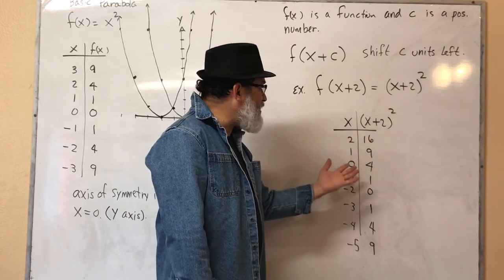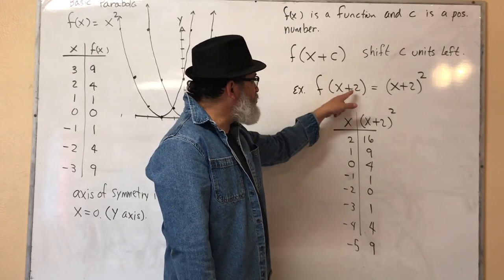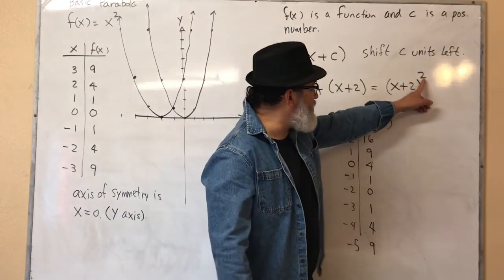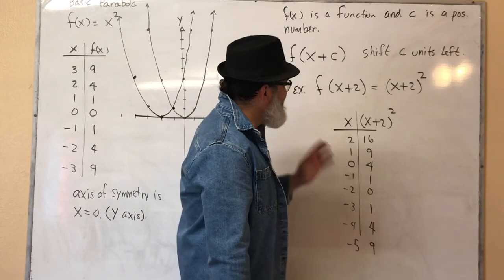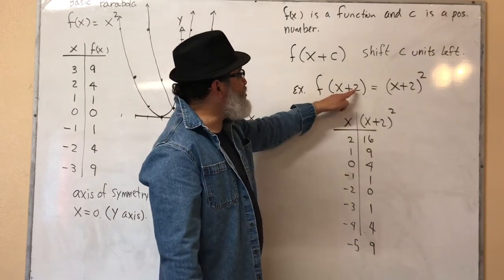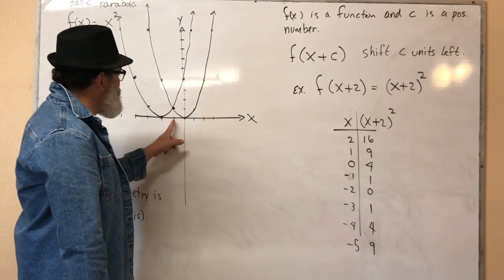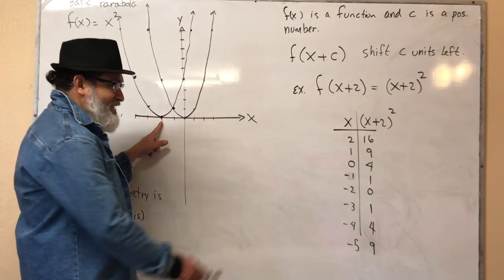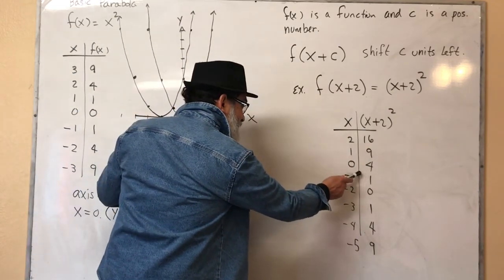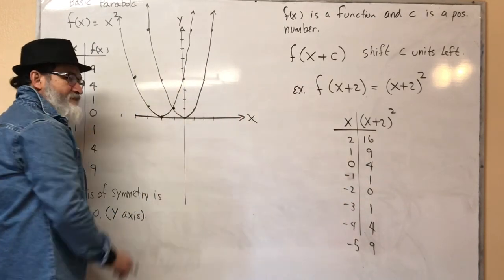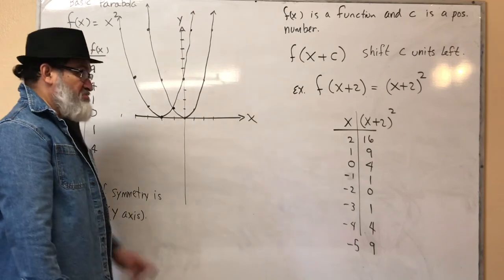When you add 2 to the argument in the parabola, that means it shifts the basic parabola 2 units to the left. You see that? This table is graphed right here.